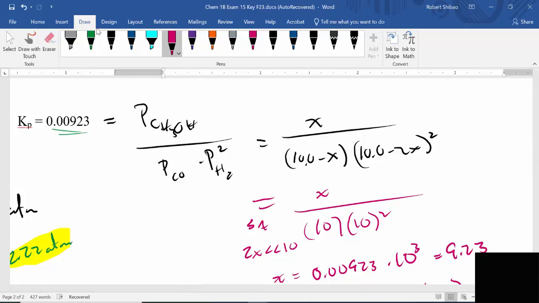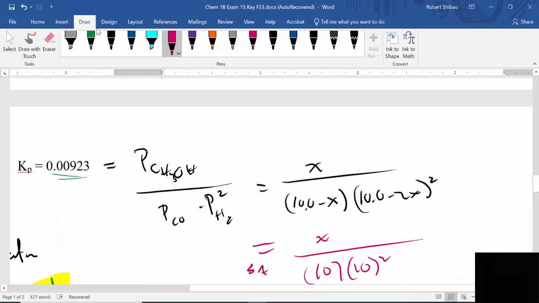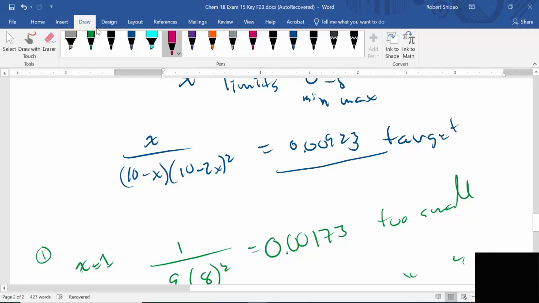We can't go negative, so that's it. The range for x is bigger in this binomial here than this, and so we pick the smaller range. K is kind of small. It's 0.00923. This is our target here.